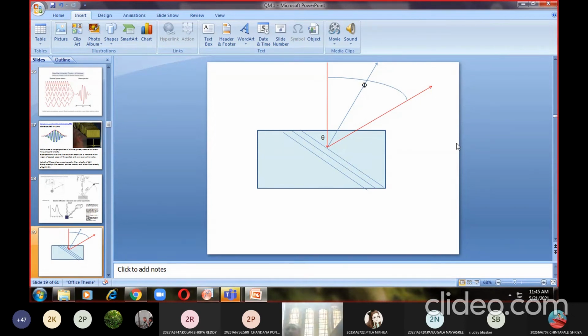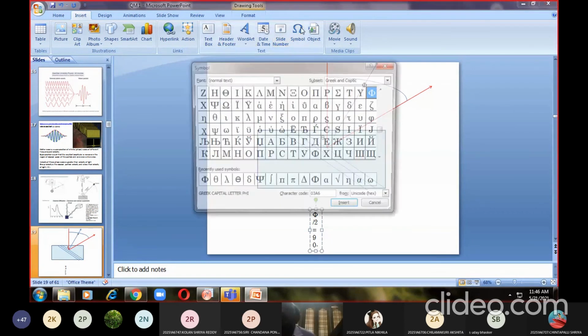Now will you please tell me what is the theta value? The angle made by the ray with the crystal plane. Good. You have seen that phi by 2 is equivalent to 90 minus theta.